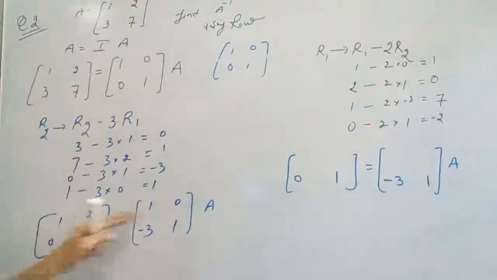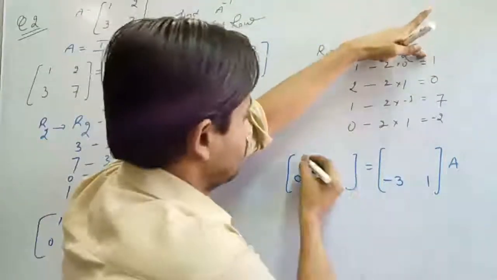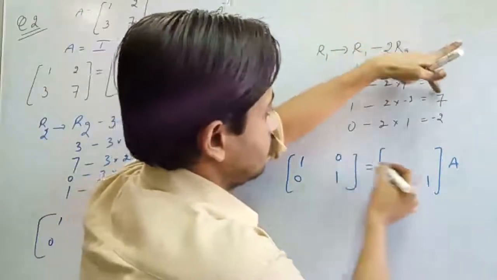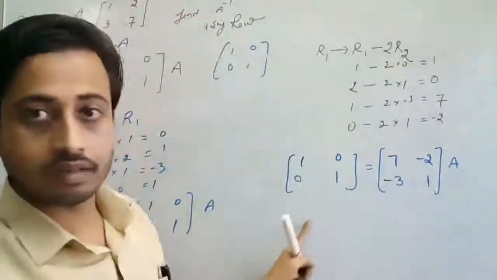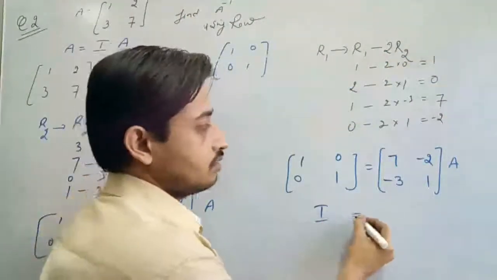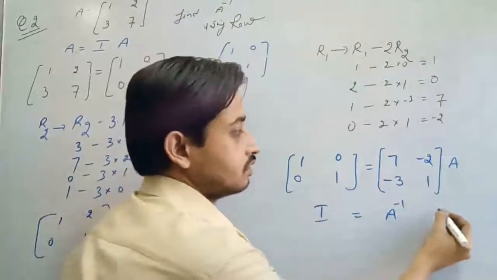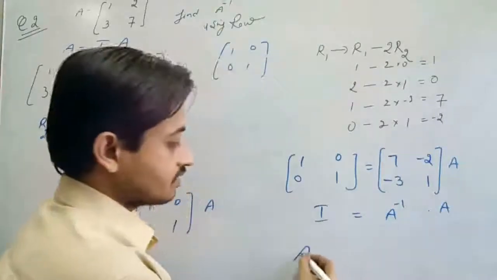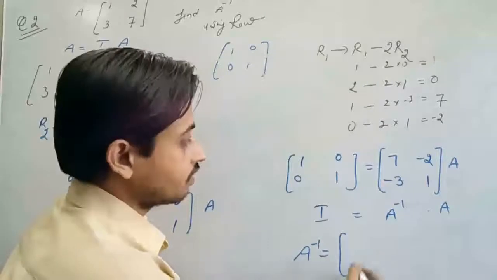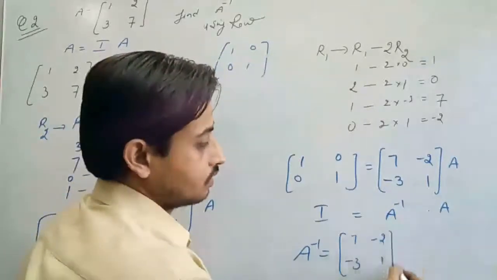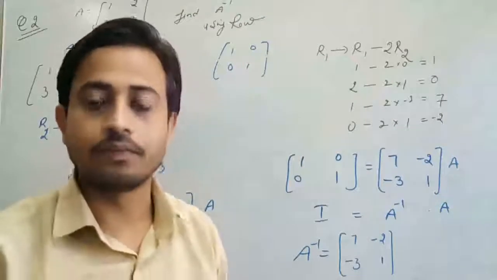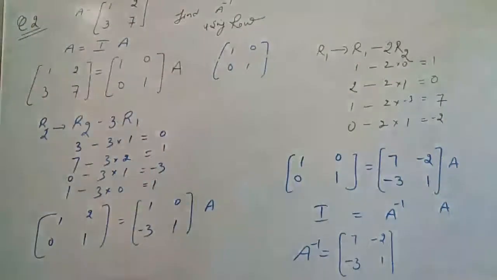And our new R1 row is 1, 0, 7, minus 2. So we get I, this is your I, and this is your A inverse. So what is our answer? A inverse is 7, minus 2, minus 3, 1. This is our answer. Please make a note.